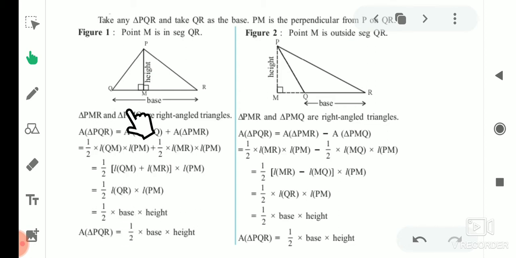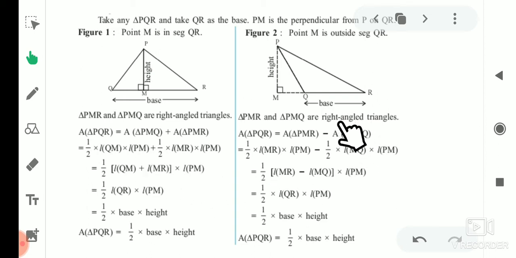This is the base and this is the height of this triangle, half QR into PM. Okay, so area of triangle PQR is half base into height. This was not a right angle triangle at all, but we construct the height or the perpendicular PM on this triangle and we call it height, and this was the base. So area of this triangle PQR is half base into height.